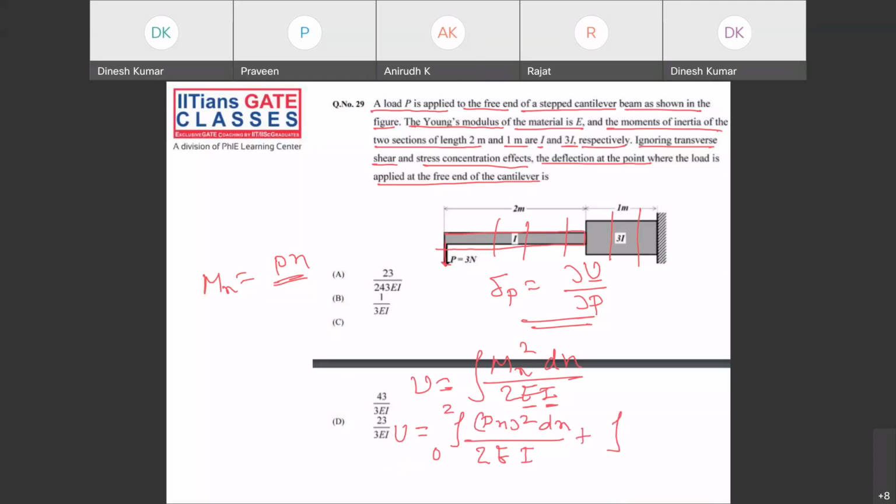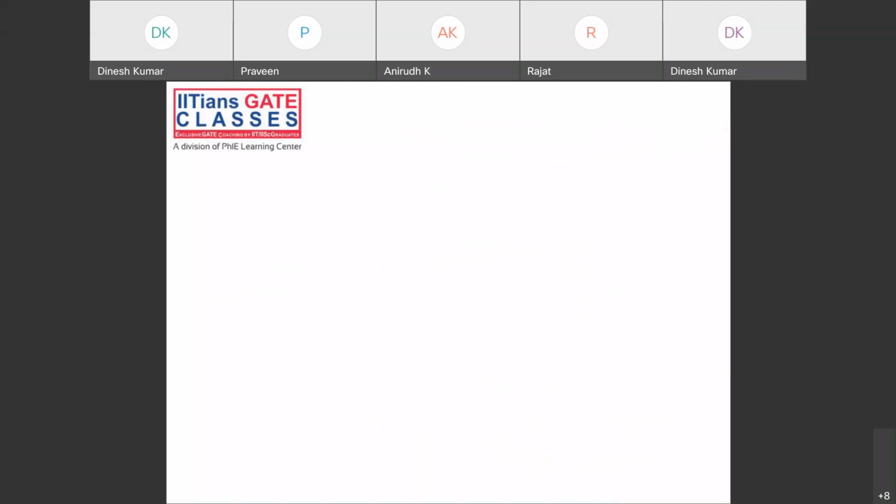Then from 2 to 3, the moment is the same, Px, whole square, dx, the material is E, and the I value is 3I. So guys, can you integrate this and find the total strain energy? Quickly integrate it.